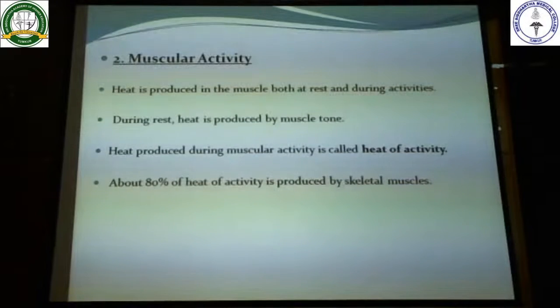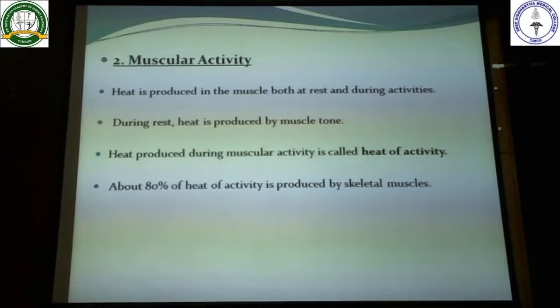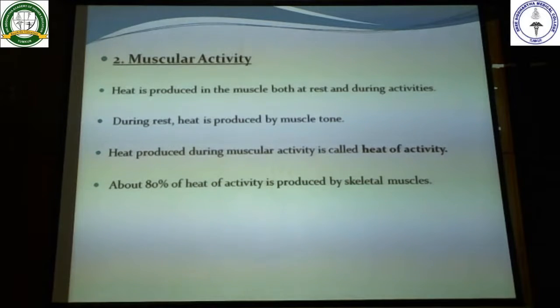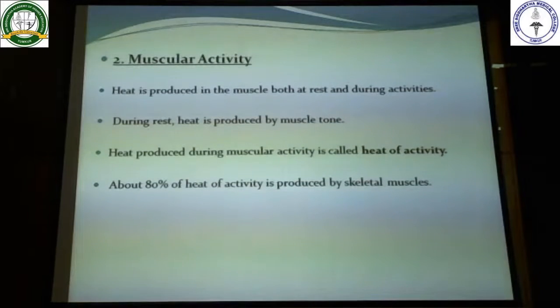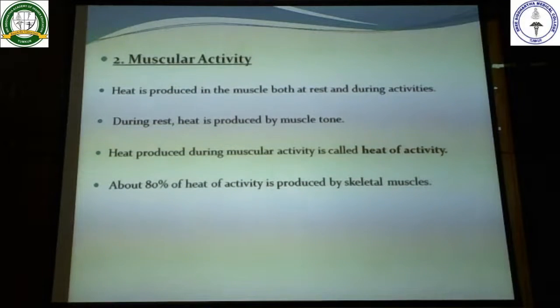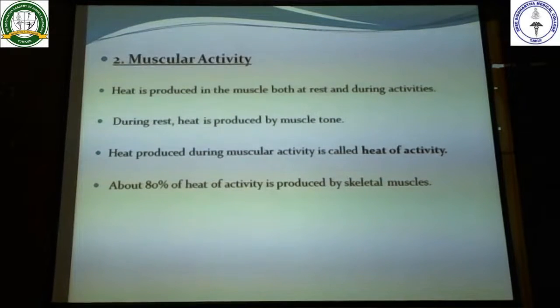Next is the muscular activity, right? So we all know that even at rest, there is a partial state of contraction of muscles, and that is called muscle tone, right? So even at rest some amount of heat will be generated, because there is some partial contraction of muscle at rest also.